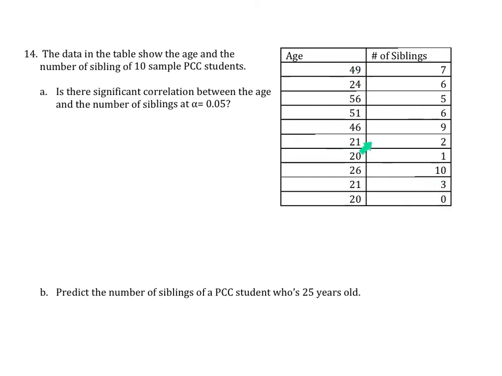So I want to see if age somehow influences the number of siblings. Is there a significant correlation between age and number of siblings at 0.05? If we were to write down H naught and HA: rho is equal to 0, rho is not equal to 0. So no correlation, and there's correlation.